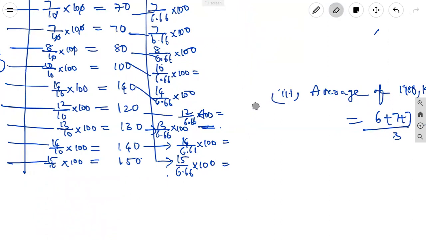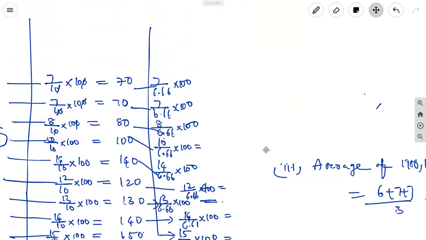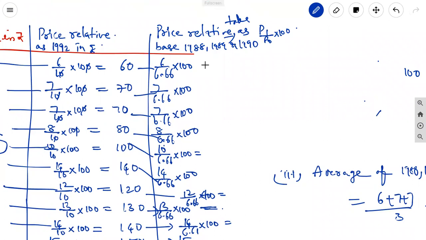Using the calculator, we find the simplification of this. 6 by 6.66 into 100 equals 90.09. Next, the value is 105.10, 105.10.